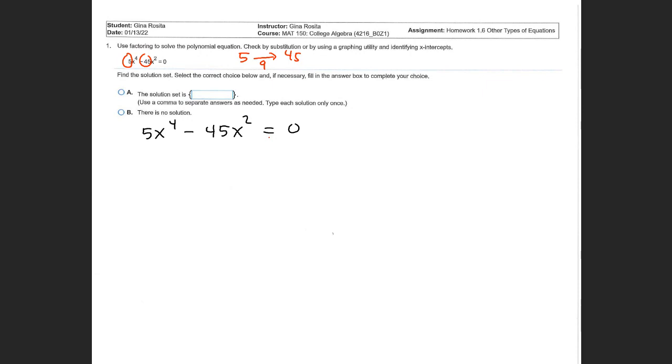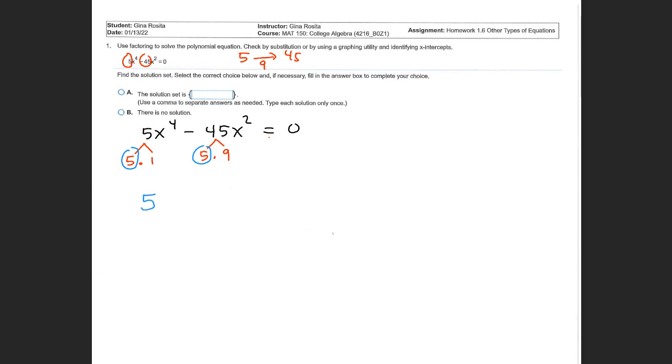I just write down: this is 5 times 1, this is 5 times 9. So the GCF is 5 for the coefficient. Right? So I just write down 5. Now look at the variable.